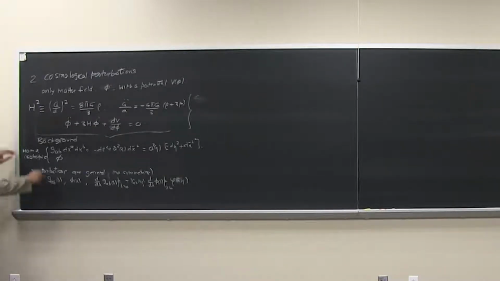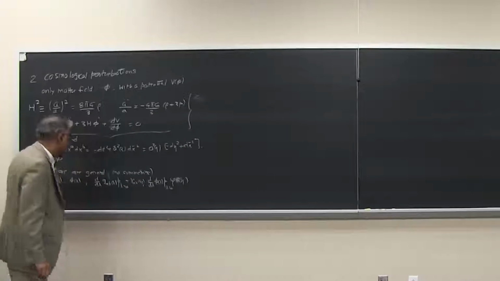These are not homogeneous and isotropic, these are just general perturbations, just general fluctuations. So I have the background here, which is given to us. This background corresponds to g_ab at lambda equal to 0 and phi at lambda equal to 0. This is the background which satisfies these various equations, and now we're going to do perturbations up here.